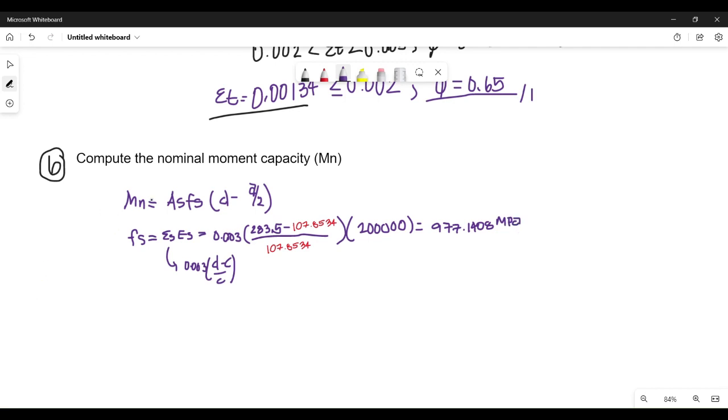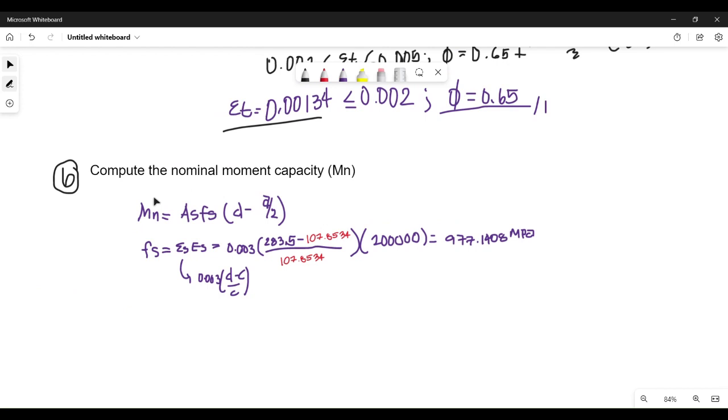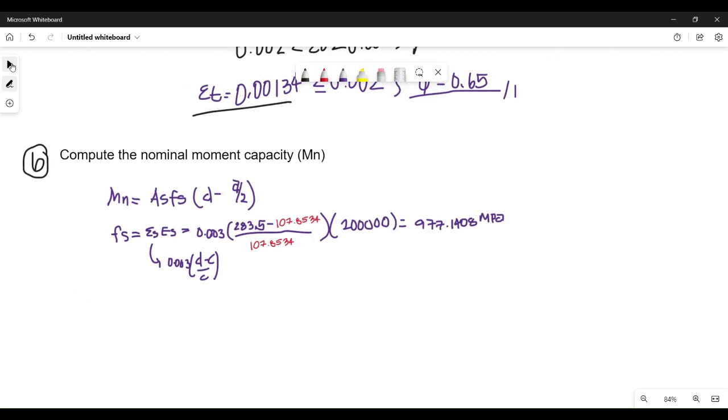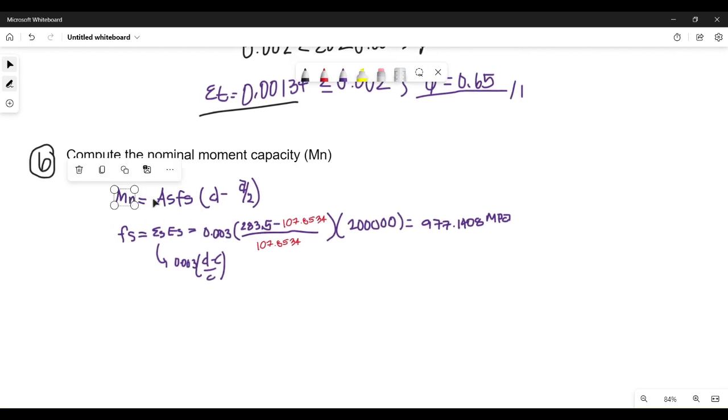So we have to, how do we do this? Let's copy this. Why won't it copy? How do we copy this? Last tool. There, let's copy this formula.